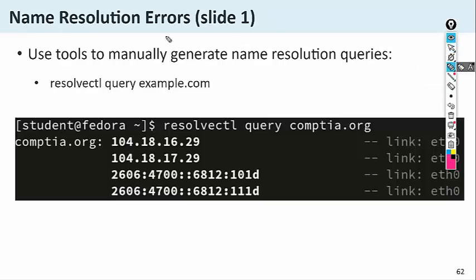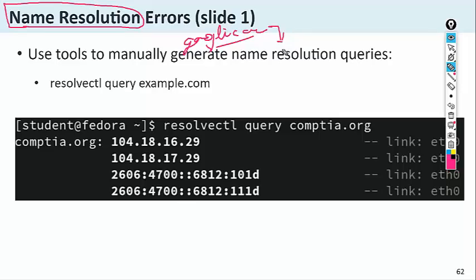There is another type of problem: a name resolution error. It means you are typing google.com, but you are not able to get the web page. So there is a problem with the name resolution.